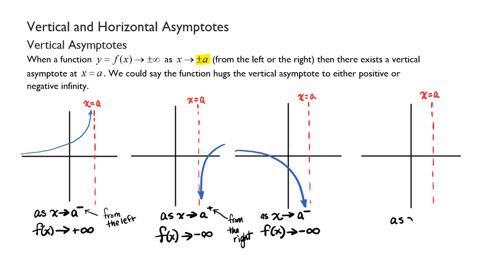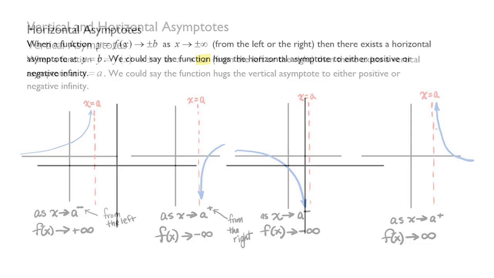As x approaches A from the right, f of x approaches positive infinity. That would be the last possible scenario. It is moving upwards as it gets closer and closer to the asymptote.